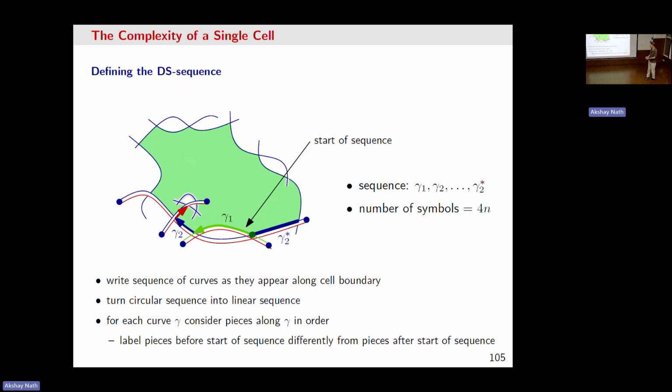But now you also need to give different labels to things. If I follow this blue arc, I have things that come sort of before the start and after the start, and they also need to be treated differently. So now I have 4 end symbols.